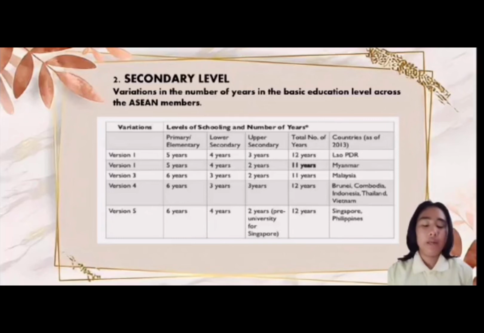In Brunei, Cambodia, Indonesia, Thailand, and Vietnam, version 4, 6 years in elementary, lower secondary is 3 years, upper secondary is 3 years, and total of 12 years. In Singapore and Philippines, version 5, 6 years in elementary, 4 years in lower secondary, 2 years in upper secondary, and total of 12 years.